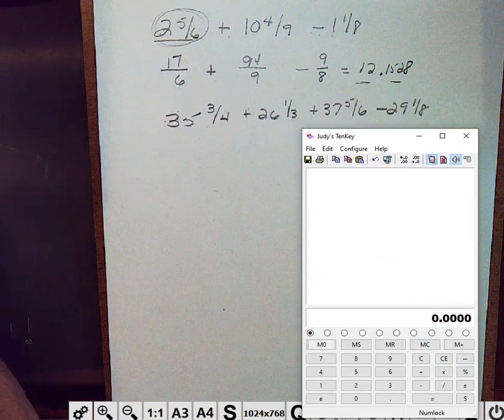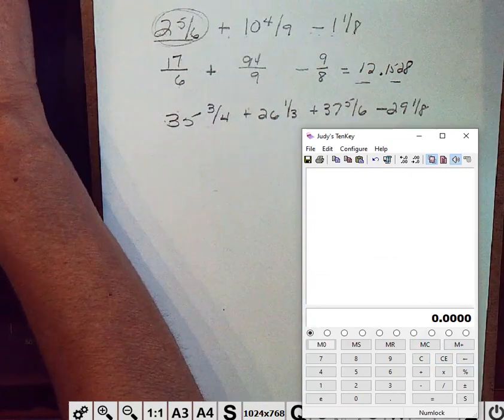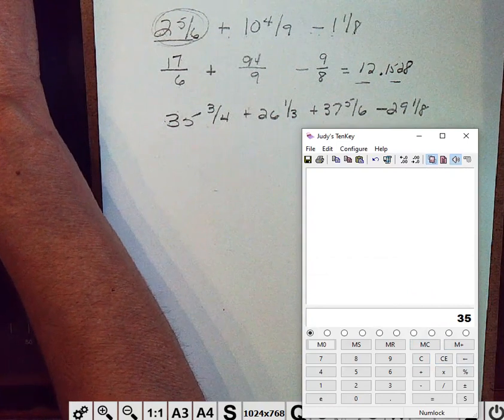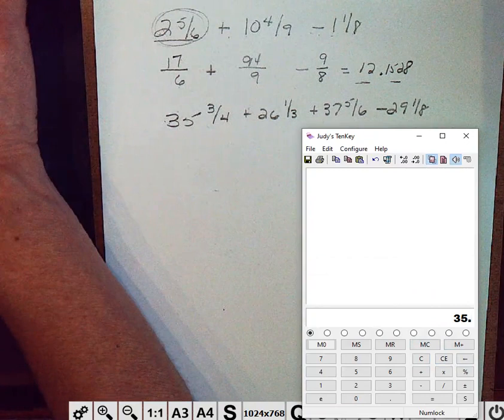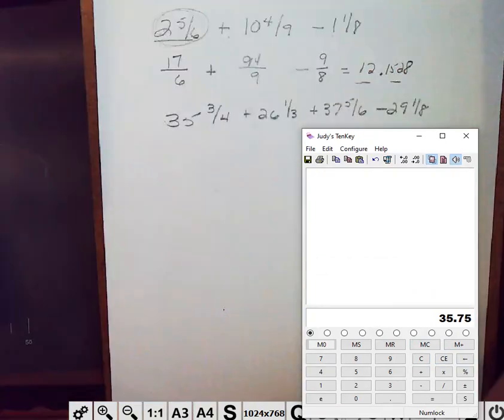Another way would be to take 35, and I know 3/4 is 0.75. I'm going to put that into memory.